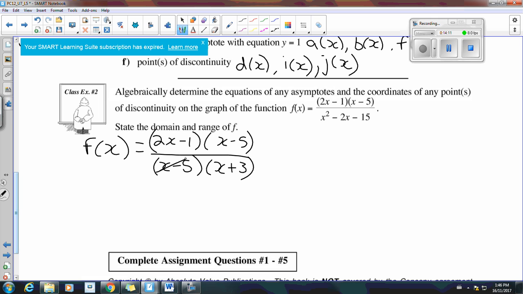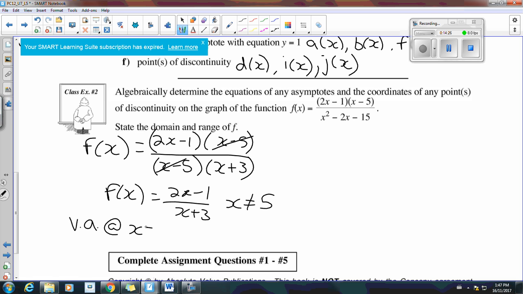Okay, well right away we see that these cancel out. Should carry forward our non-permissible value. So we have a vertical asymptote at x equals -3. This is the equation of the vertical asymptote.